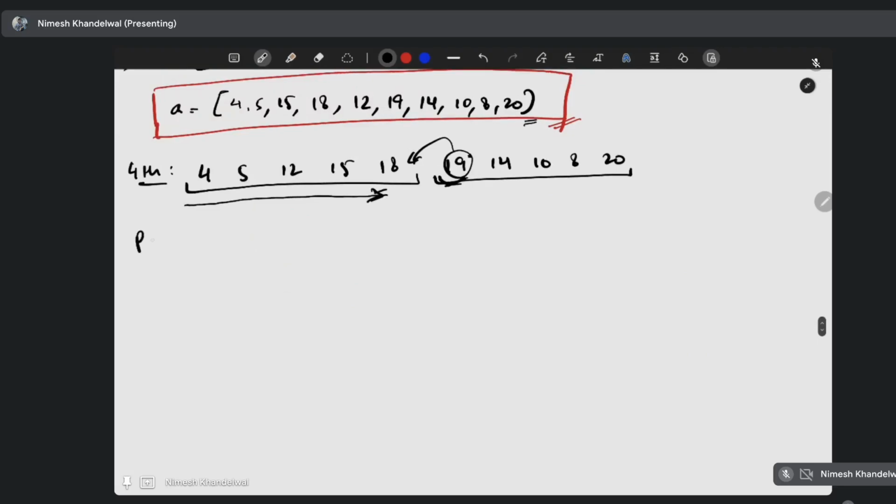Now let us take another problem, right? Let's say we have the equation representing the number of steps taken by any algorithm for n elements.